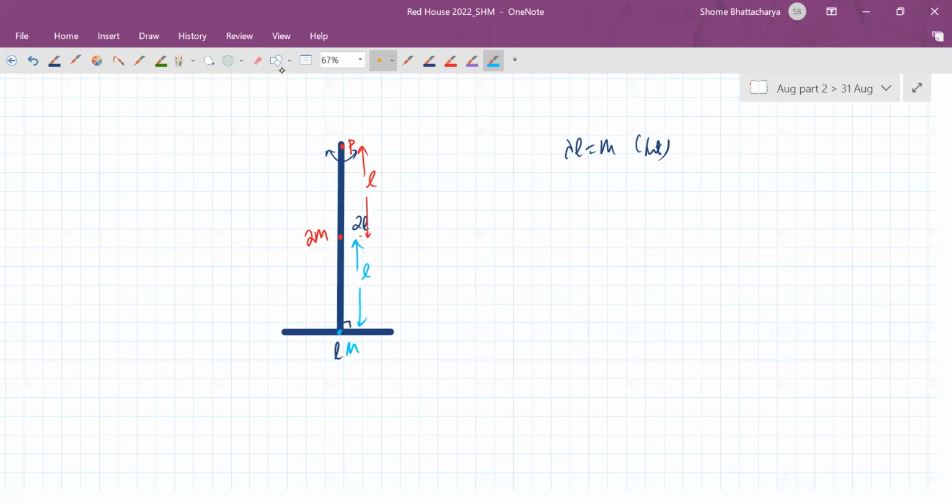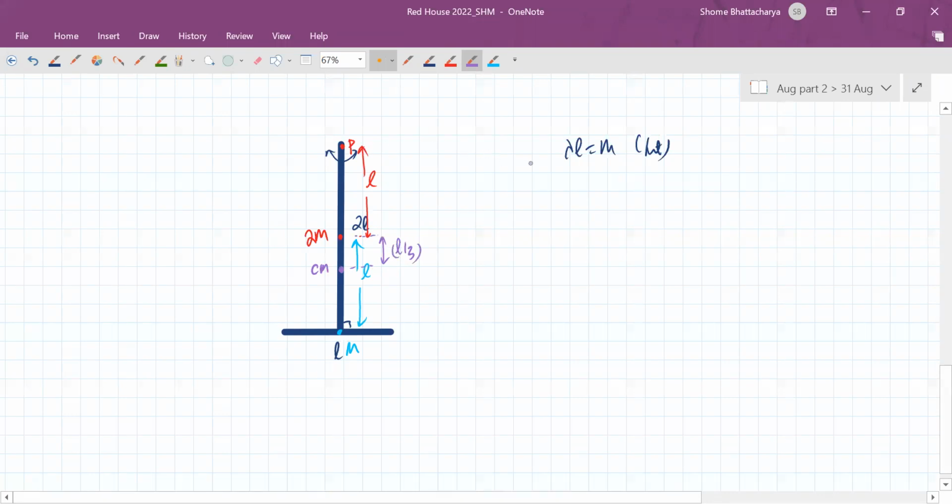So the center of mass of the system now will be somewhere here. This will be the center of mass, and you can see that this distance will become L by 3 because the ratio of these two masses is this.